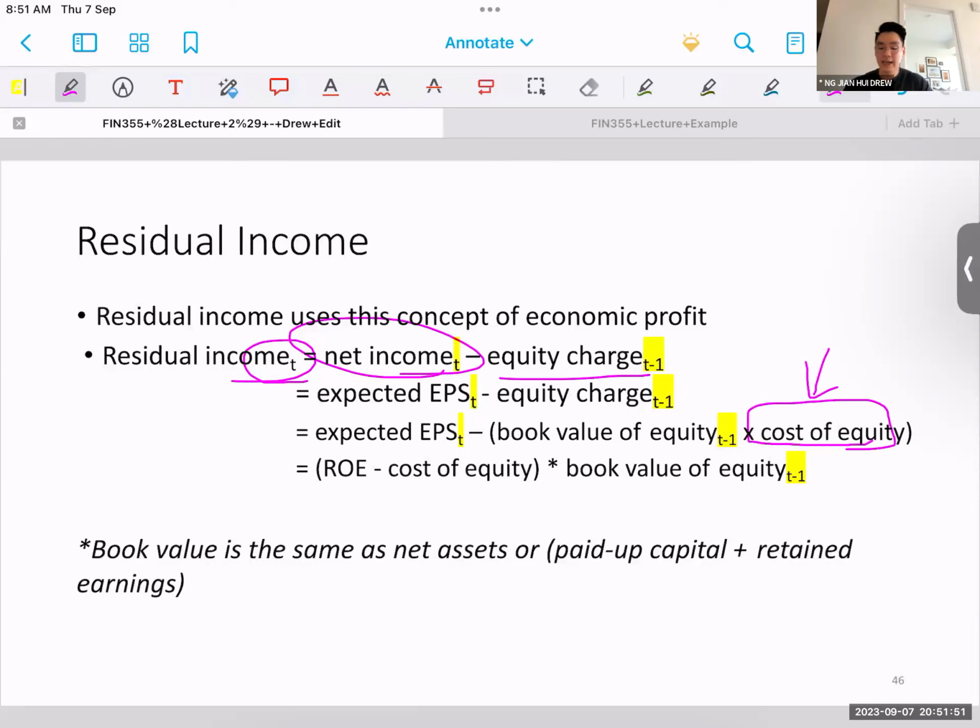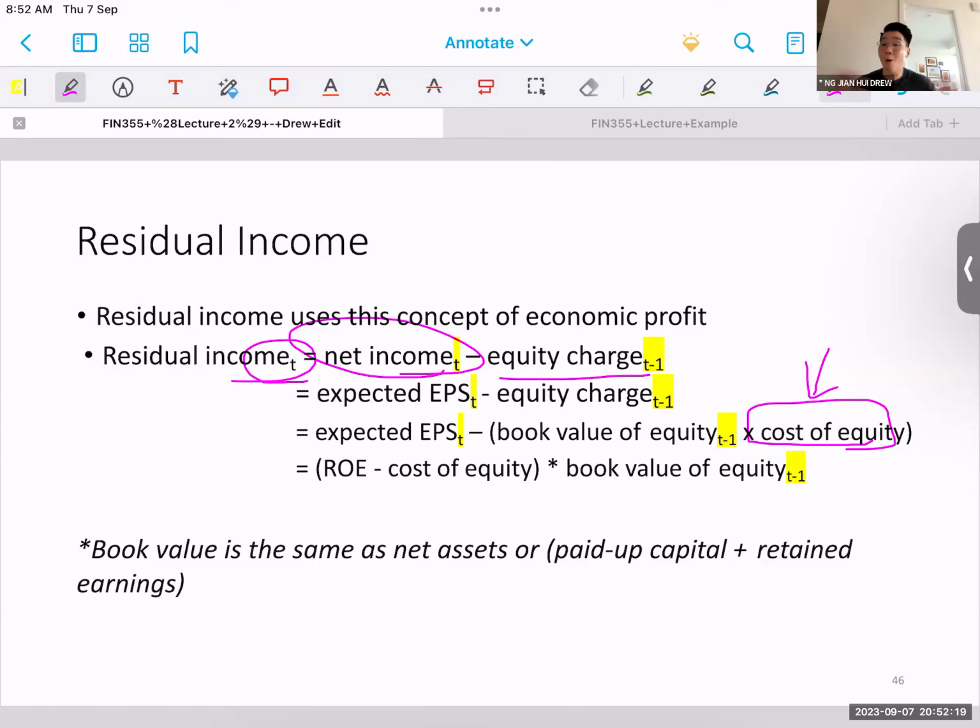So cost of equity includes both implicit and explicit costs, which is why we take a P&L item, which is net income, minus the equity charge, which is the more economic component, right? So if we have your net income, you minus the explicit and implicit costs, which is captured in this cost of equity, whatever is remaining is basically your residual income.